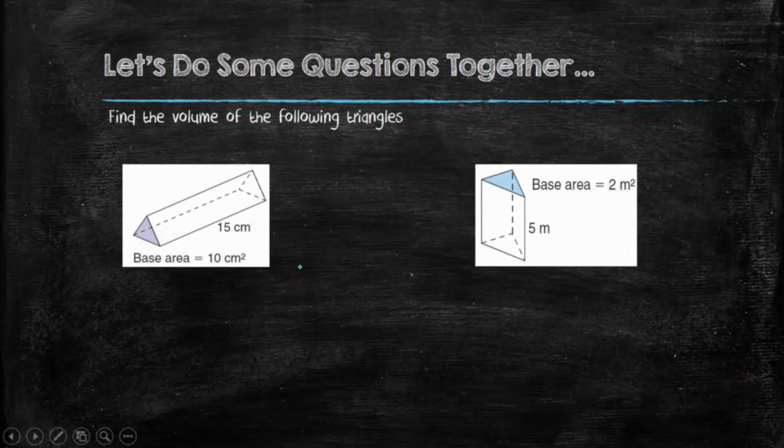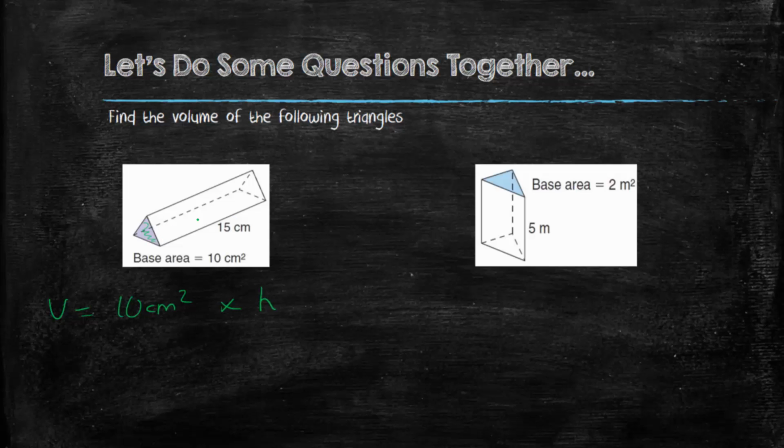Okay. Let's check out some more examples here. So here I've given you the base area of the shaded region. So in this case, it's 10 centimeters squared. So remember, volume equals base area times height. Okay, the height here is 15 centimeters.